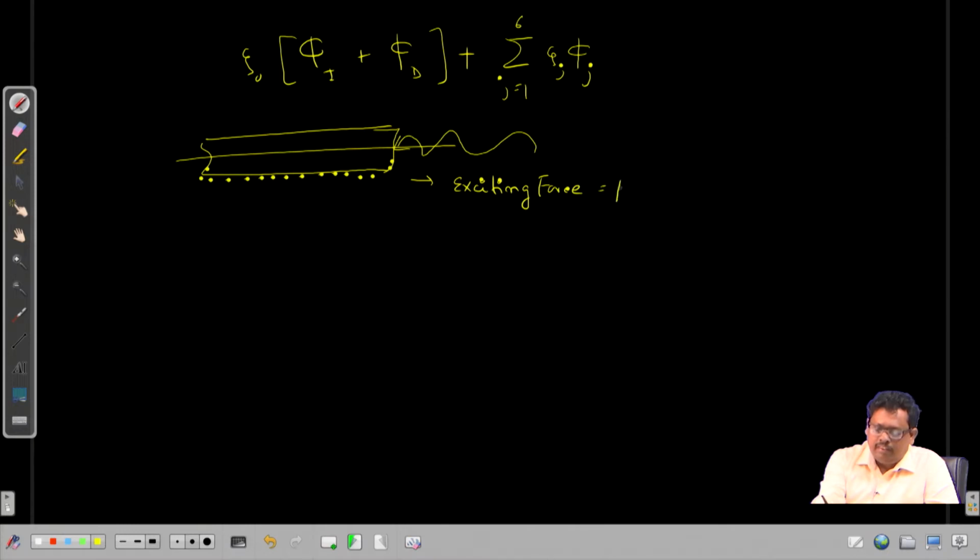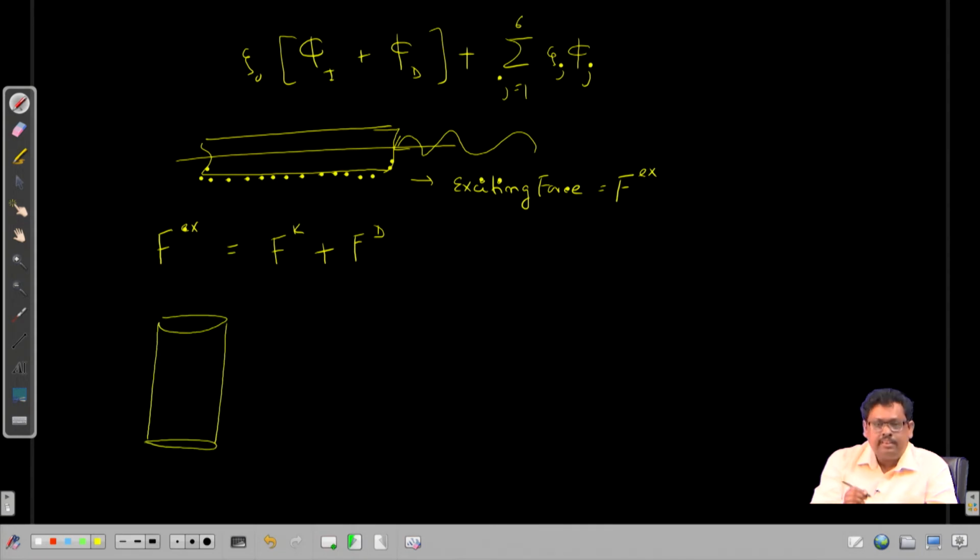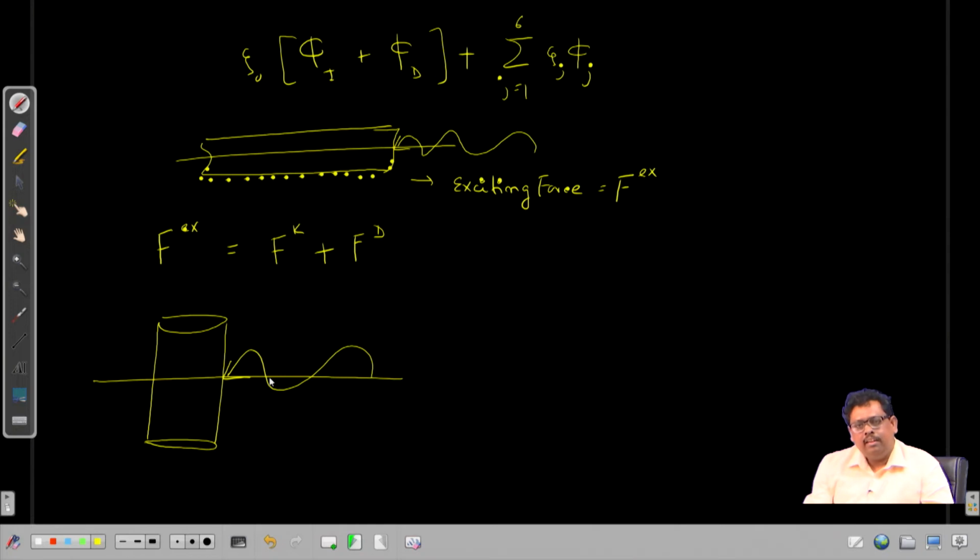Normally we define this as F E x. Now, this exciting force is the summation of the Froude-Krylov force, we call it F k, plus the diffraction force, we call it F d. Now, it is similar to, if you remember in my previous class, that picture where the ship is still, it is not moving, however, the wave is hitting this object, right.